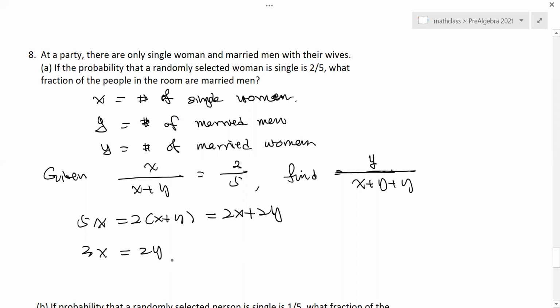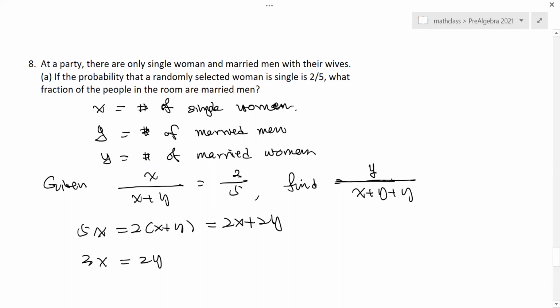Then y over x plus 2y, right? I want to cancel something here. So what I'm going to do is multiply the numerator by 2, and the denominator becomes 2x plus 2 times 2y.